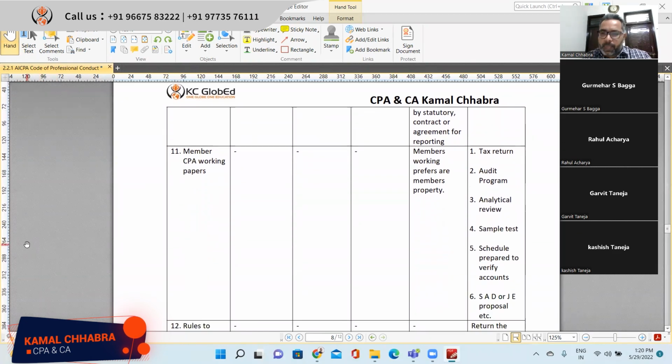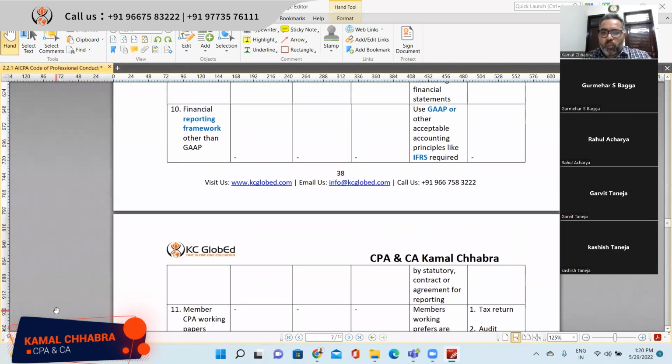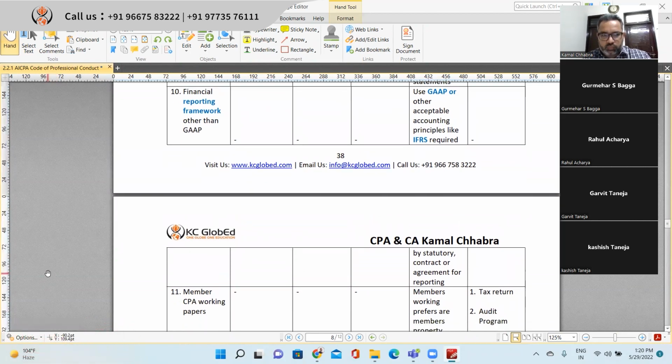So, sir, just a question here. Is it mandatory to follow GAAP if you are listed on, say, the New York Stock Exchange, or is it at the discretion of management to follow maybe IFRS even if they are listed on the New York Stock Exchange? Is there any mandatory rule? Yeah, very good question, Gurmeher.